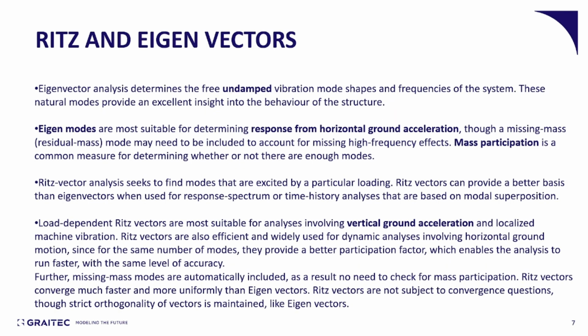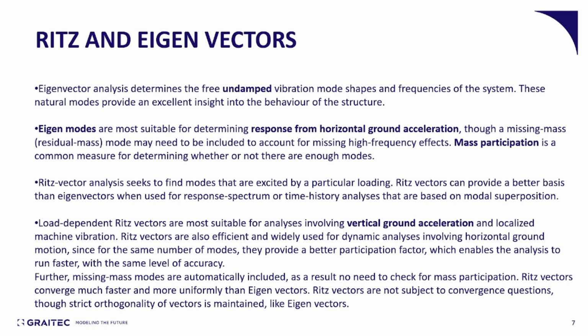Some information about the Ritz and the eigenvectors. An eigenvector analysis determines the free and damped vibration mode shapes and frequencies of the system. These natural modes provide an excellent insight into the behavior of the structure. The eigenmodes are most suitable for determining the response from horizontal ground acceleration. Though a missing mass, the residual mass mode may need to be included to account for missing high frequency effects.